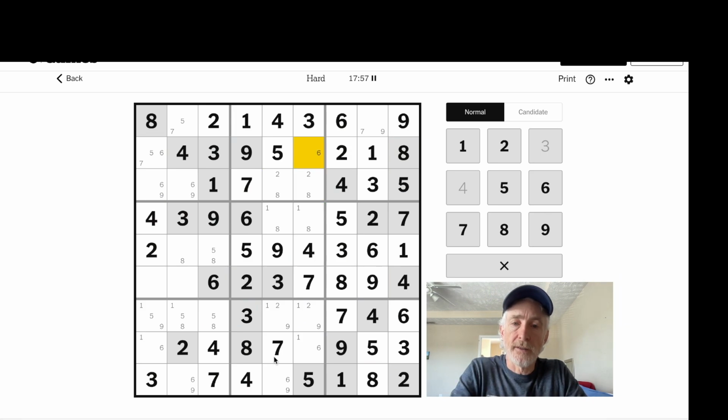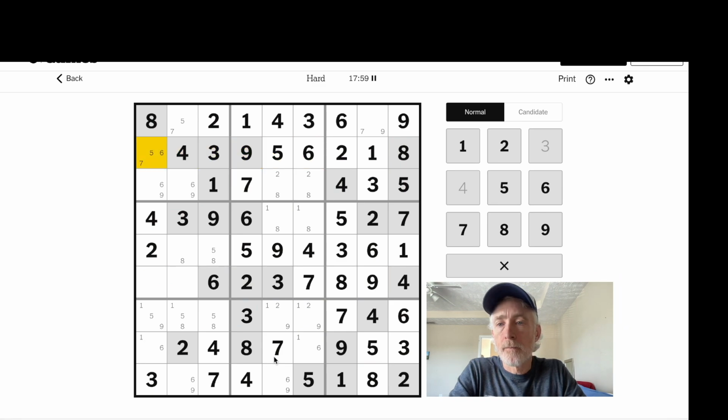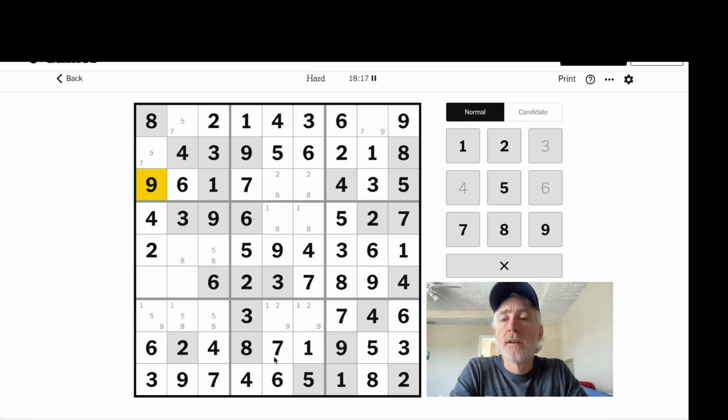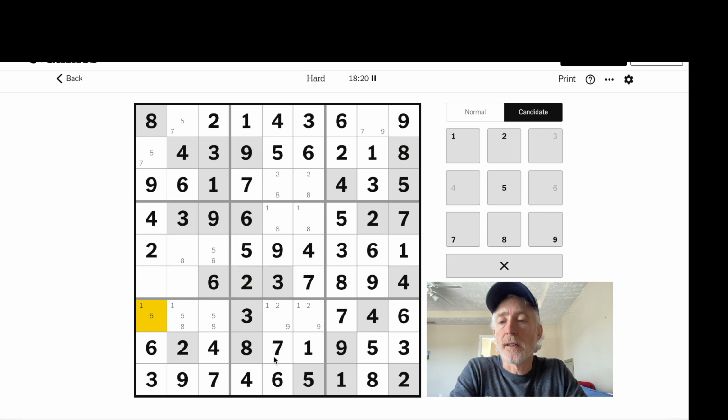So this is 5, this is 6. That 6 looks down here, makes this a 1. This is 6. This is 9. This is 6. That 6 looks up here. And take a 9 out of there.